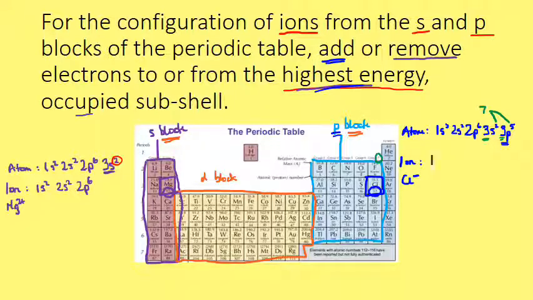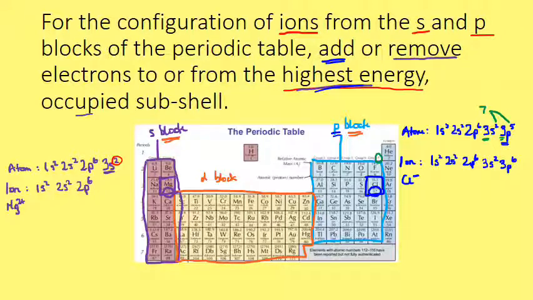Let's go through the process: 1s2, 2s2, these inner electrons are not affected. 2p6, they're all oblivious of what's going on in the outer reaches of the atom. We've still got 3s2, and into the 3p subshell we're going to add that 1 electron, so that becomes 3p6.